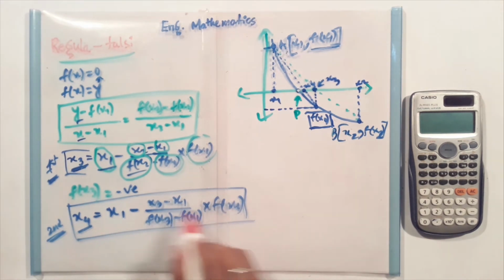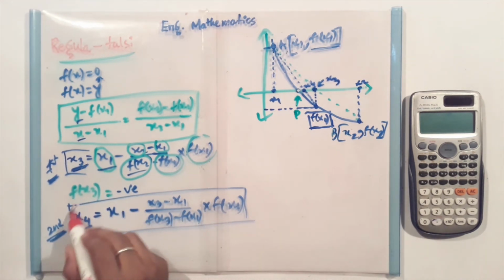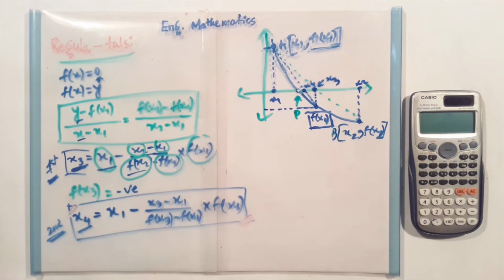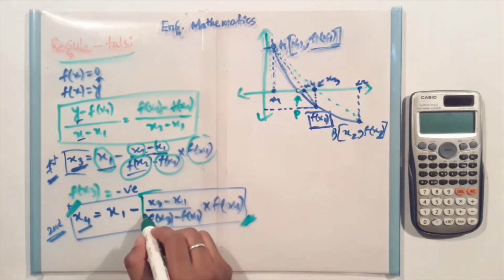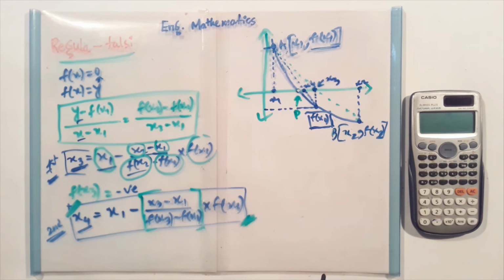This equation is very much necessary to remember, so you need to memorize it or understand it properly. In this way, by making more iterations, we will find the value of the root by the numerical method.